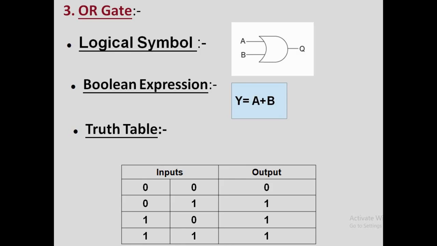Otherwise, if any one input is 1, then the output is 1. So due to 2 inputs, there are 4 possible combinations of input: 0 0, 0 1, 1 0, 1 1. And for these combinations of input, the output is 0 1 1 1.